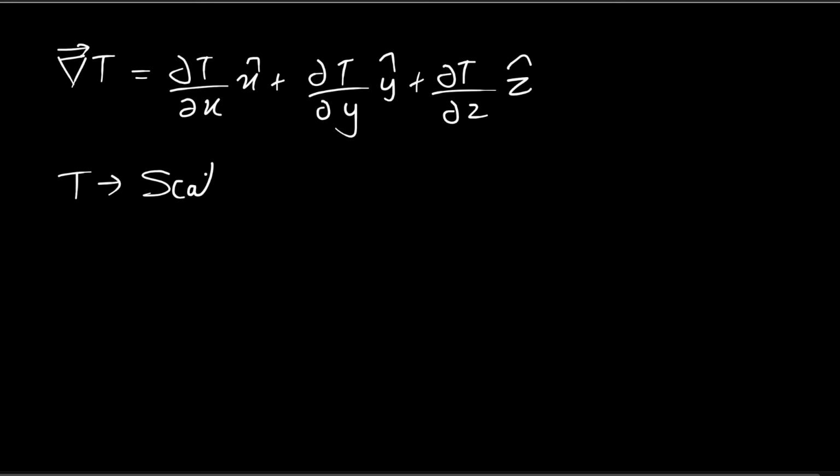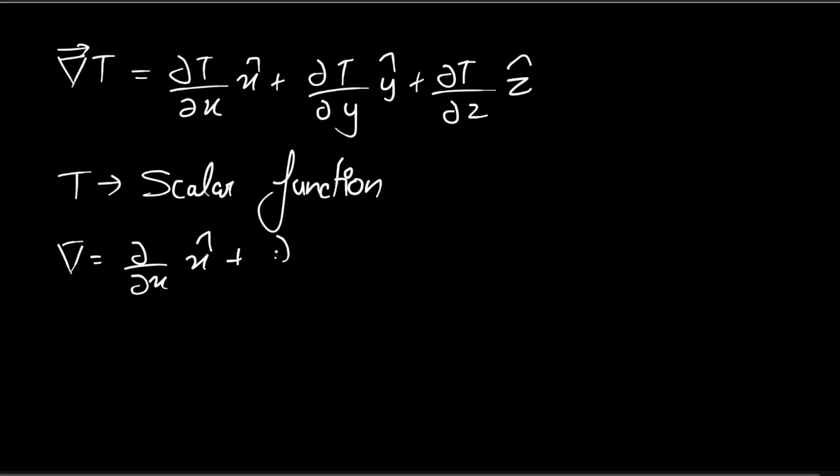We take the gradient of a scalar function only, and the del operator is represented by curly x by curly x cap plus curly y by curly y cap and curly z by curly z cap.